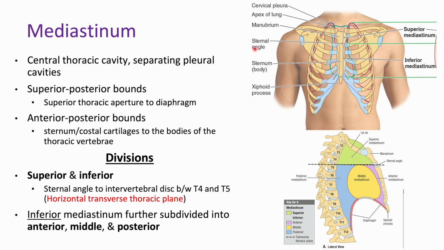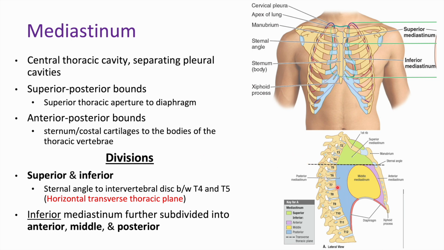Our superior-inferior bounds are going to be the superior thoracic aperture to the diaphragm. So it's going to be up here, up here. Our anterior-posterior bounds, so front and back, that's going to be our sternum and costal cartilages at the front here. And then that's going to go back to the bodies of the thoracic vertebrae.